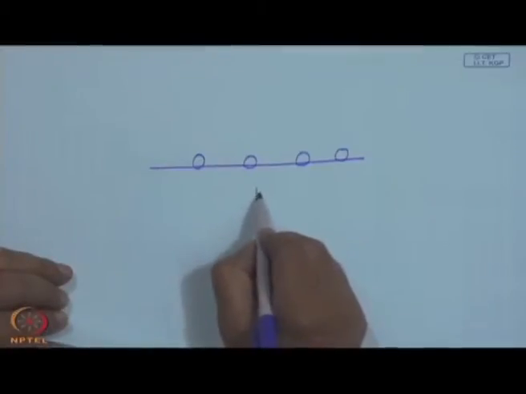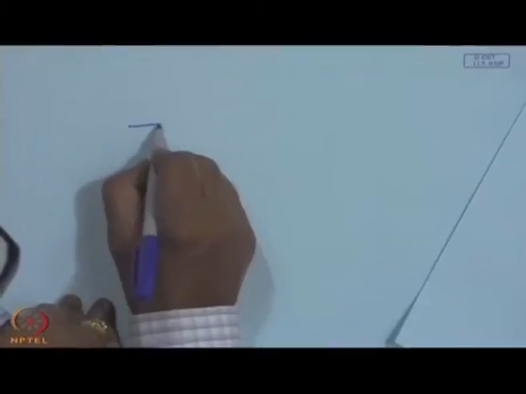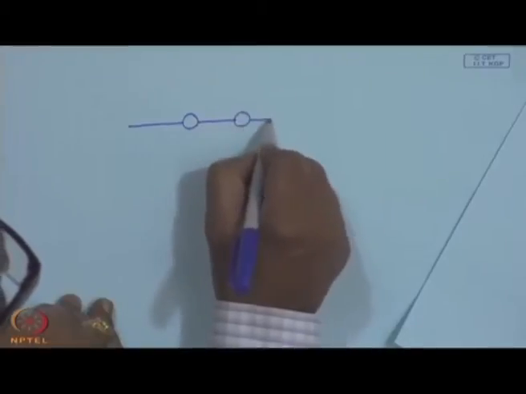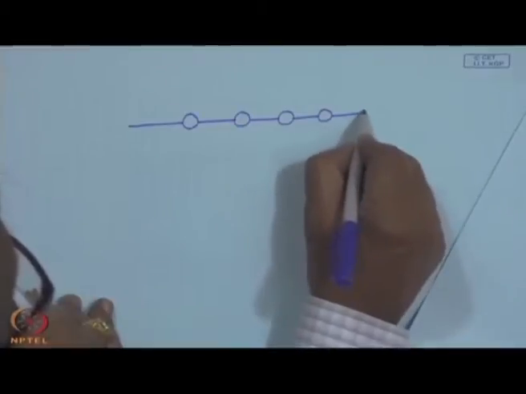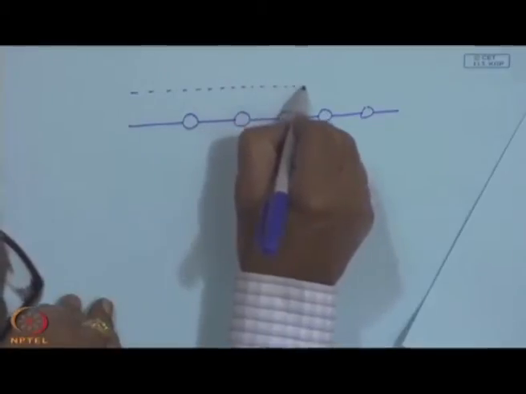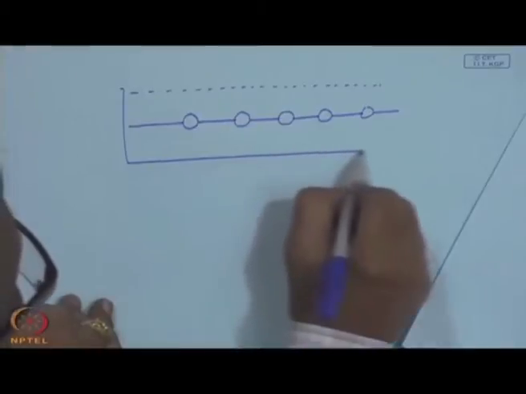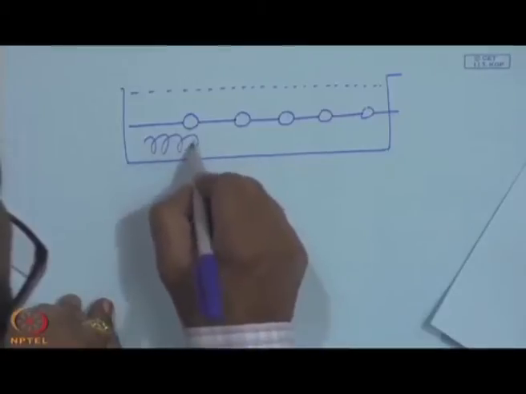This is configuration B. You may also have a configuration C, where the tube is in the middle, separated by a flat plate, which we call the fin a little later, and so on and so forth. Again one or two glass covers, and you have the box with an insulation.